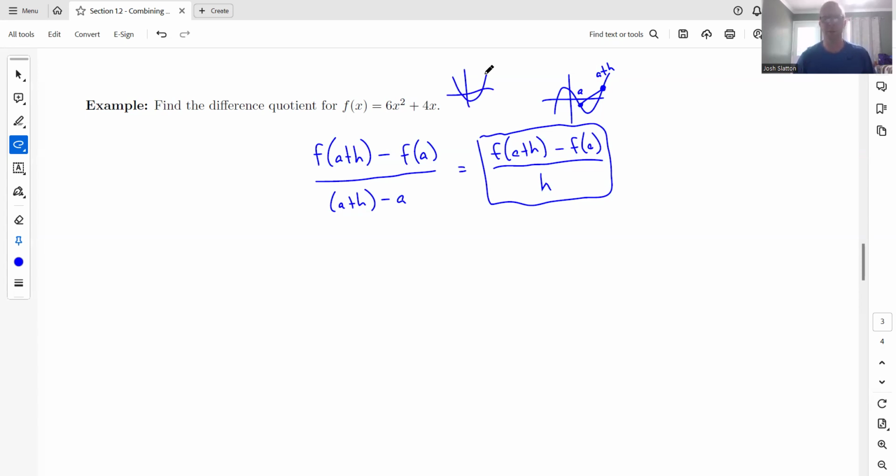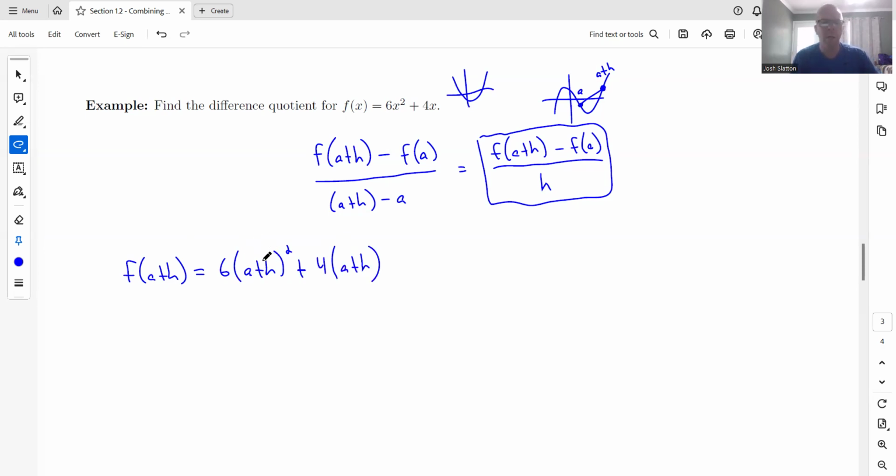There's not too much else besides simplifying this down. So we're going to use this formula. So we need to find f of a plus h. And so to do that, we're just going to plug in a plus h for each x that we have. And then we just need to simplify it.